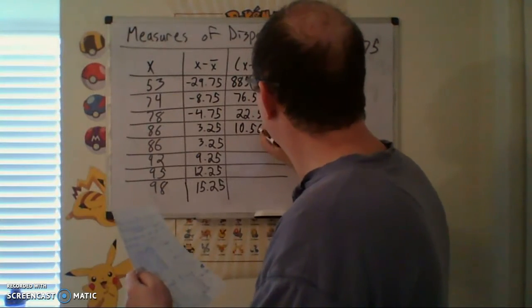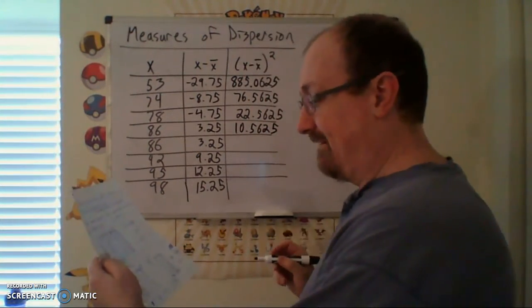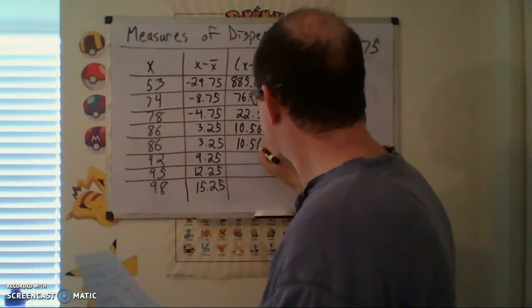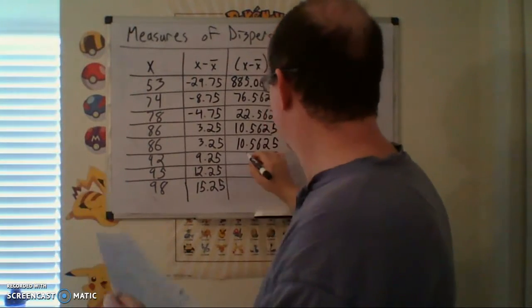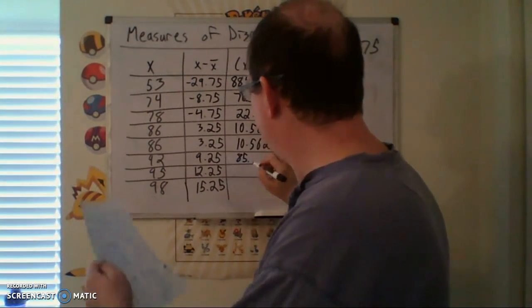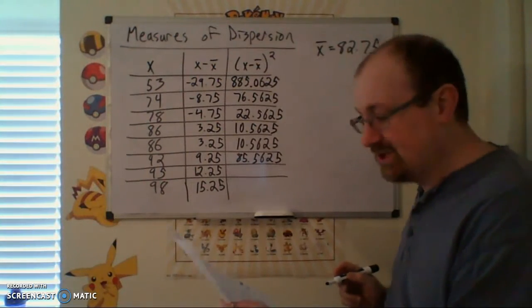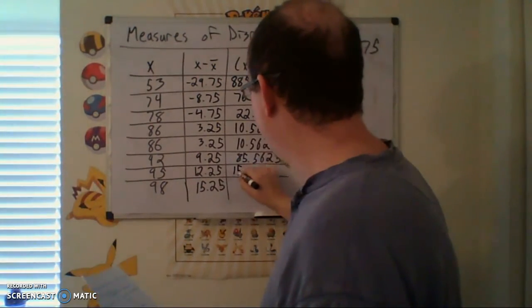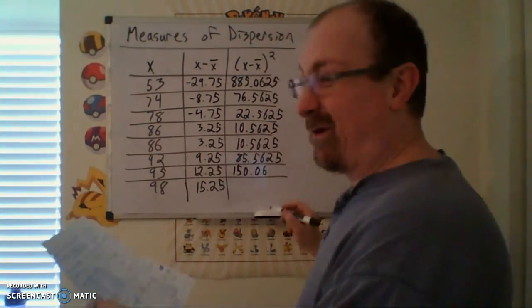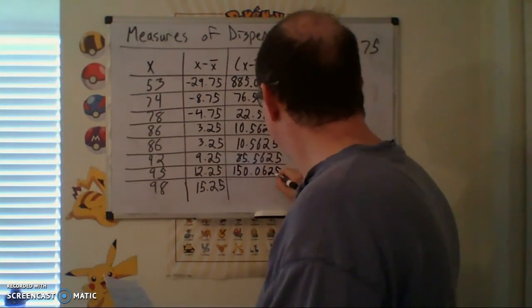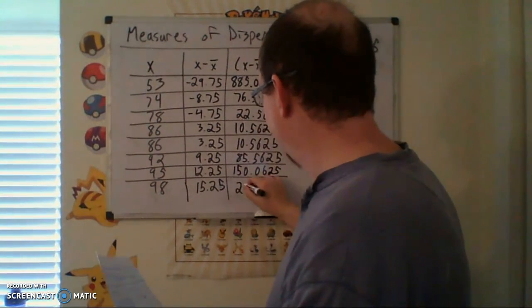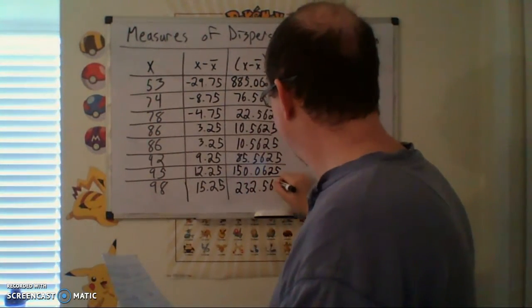We have a pair of 10.5625 values. Let's see, this one I got 85.5625. You may sense a bit of a pattern at this stage. It turns out it breaks with this next to last guy. We have another 0.625. And then the last one ends up having a 5.625 at the end again.